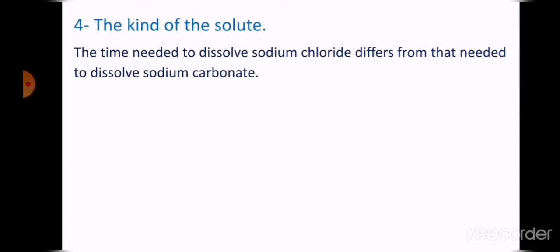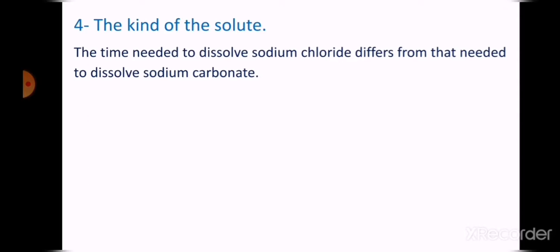If I have 2 cups of water and in one of them I put 1 spoon of sodium chloride, and in the other one I put 1 spoon of sodium carbonate, and then stir, you can observe that the time needed to dissolve the sodium chloride differs from the time needed to dissolve the sodium carbonate, because the solubility process depends on the kind or type of the solute.